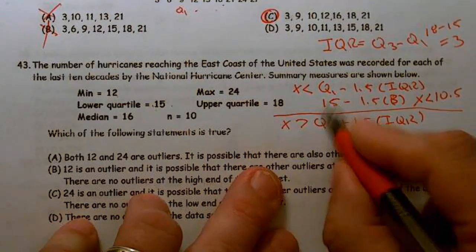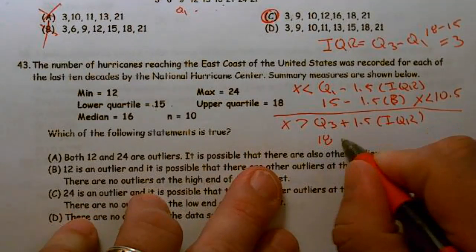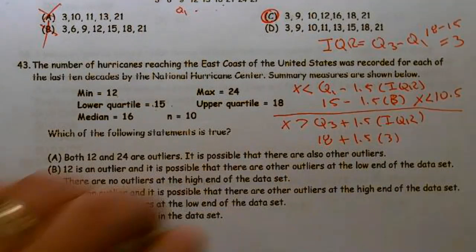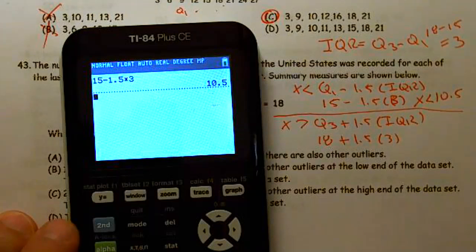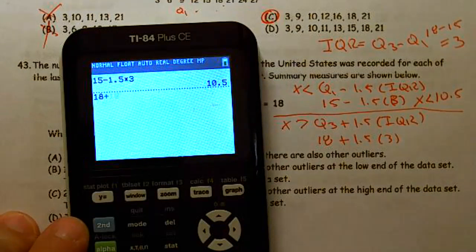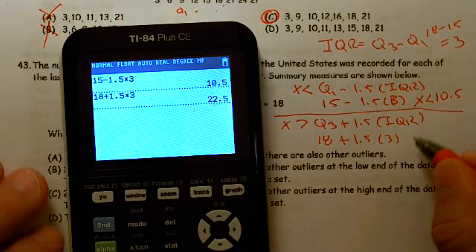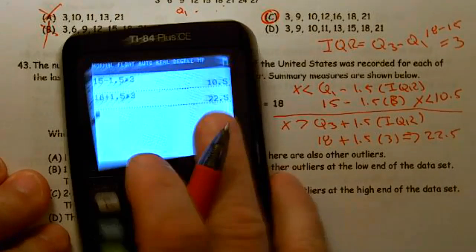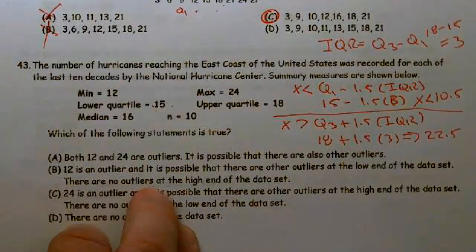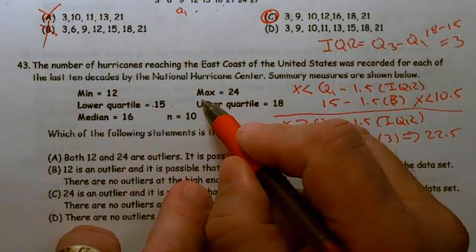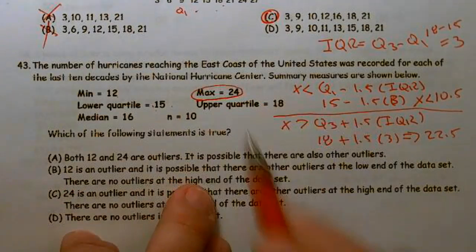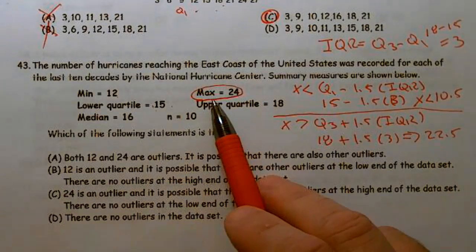Q3 is the upper quartile, which is 18. 18 plus 1.5 times 3 gives me 22.5. So if I have any X value greater than 22.5, I have an outlier. Well, I have a max value of 24. So we know for sure 24 is an outlier.